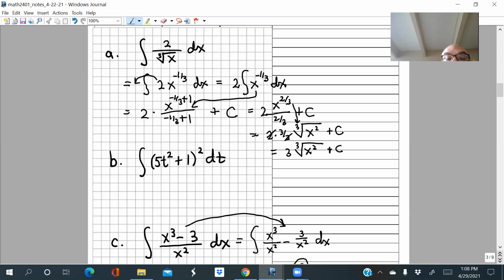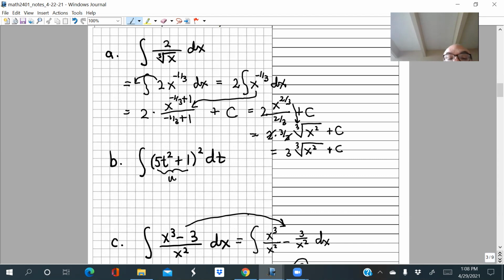When I'm looking at this problem, I'm going to think, I have an expression raised to a power. This is not just t raised to a power. This is 5t squared plus 1 raised to a power. So that looks like a good opportunity for substitution.